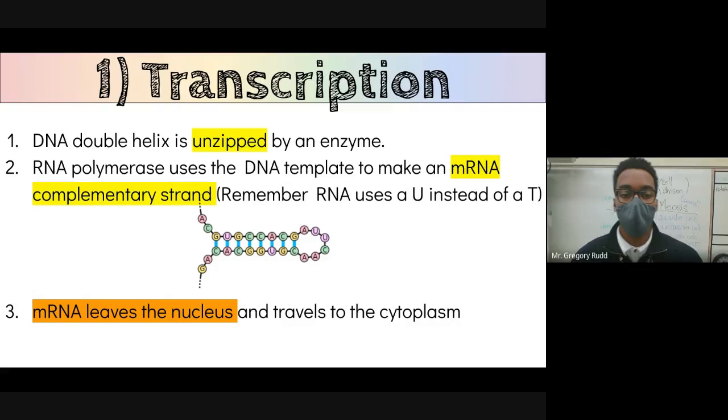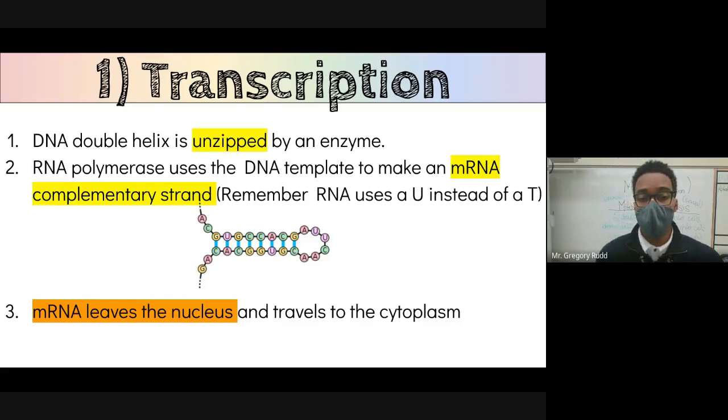Transcription is a relatively complicated process, but we're going to just summarize it with these three quick steps. First, the DNA double helix is unzipped by an enzyme, just like how we unzip it for DNA replication. Then another enzyme comes in called RNA polymerase.